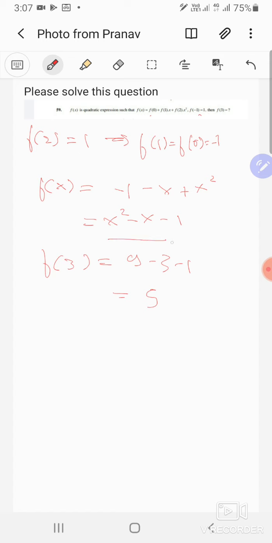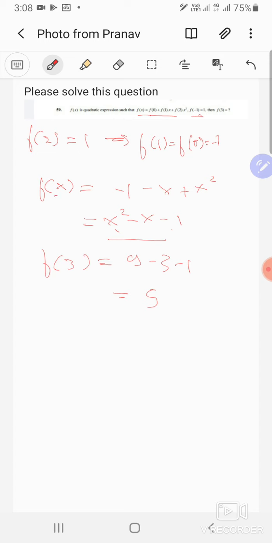Let's just see if this function actually satisfies these two equations. So f of negative 1, that is correct. Negative of negative 1 is positive 1, positive 1 and then negative 1 become 0, and you got 1. And what should f of 0 be?